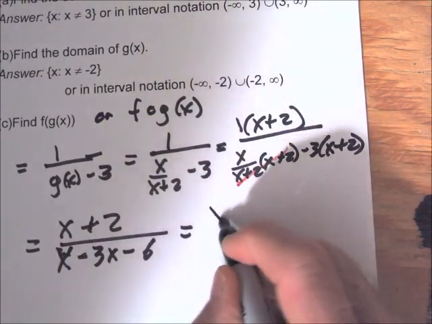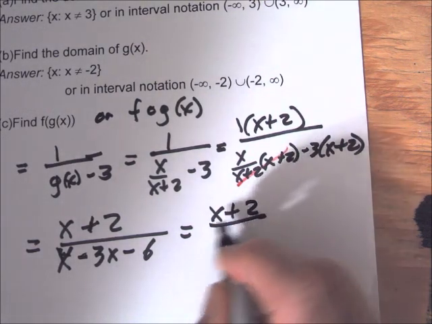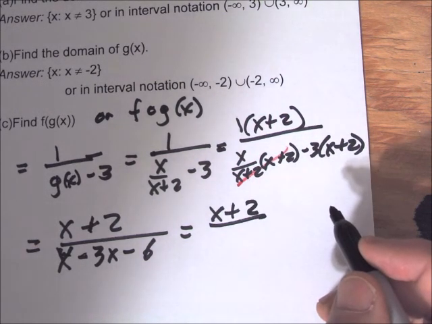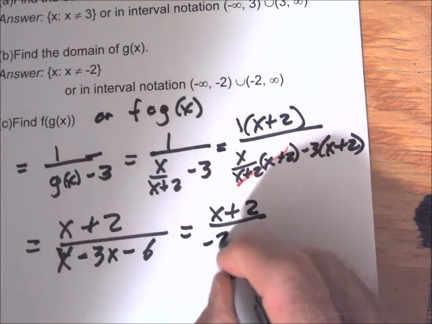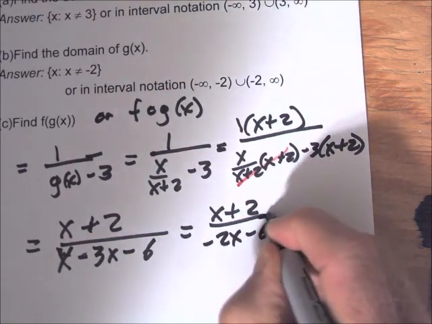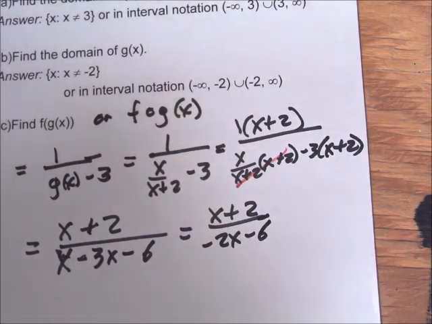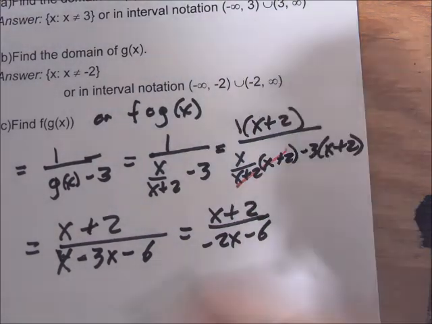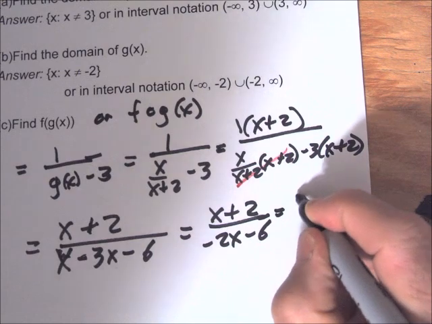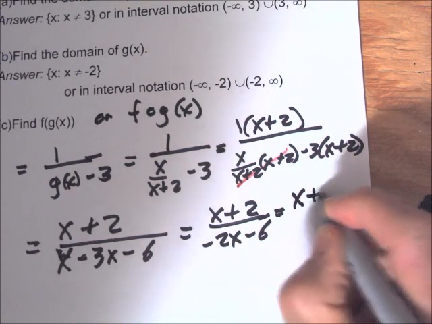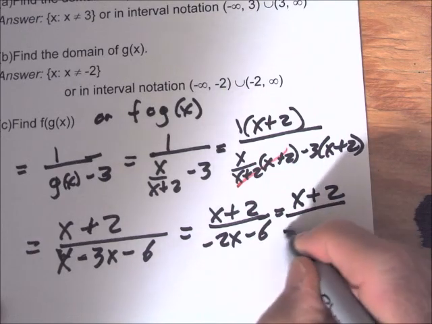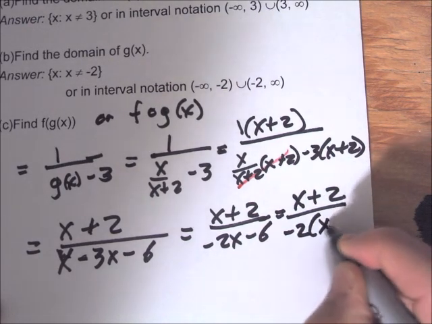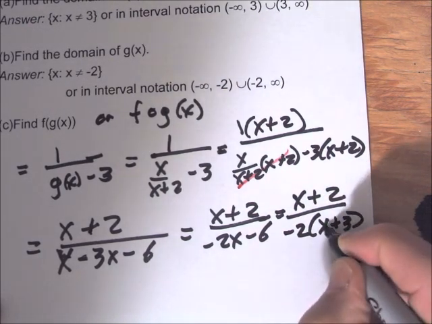So we have x plus 2 on top, and on the bottom x minus 3x is minus 2x minus 6. Sometimes it's helpful to factor the denominator. You could leave it like I had it, or if you factor out the negative 2, sometimes it's useful to do that: negative 2 times the quantity x plus 3.